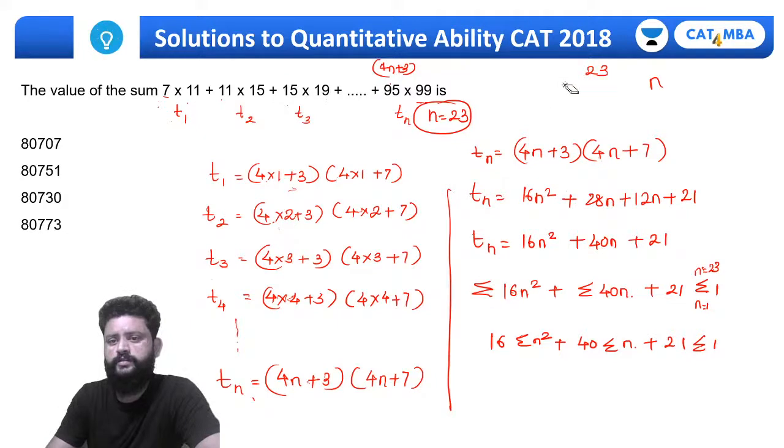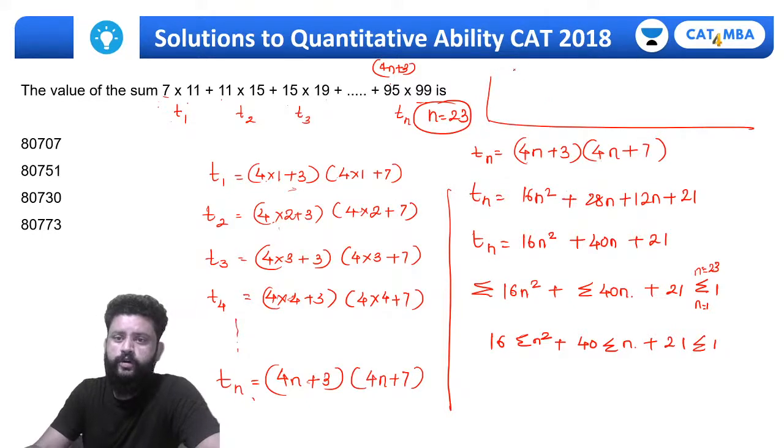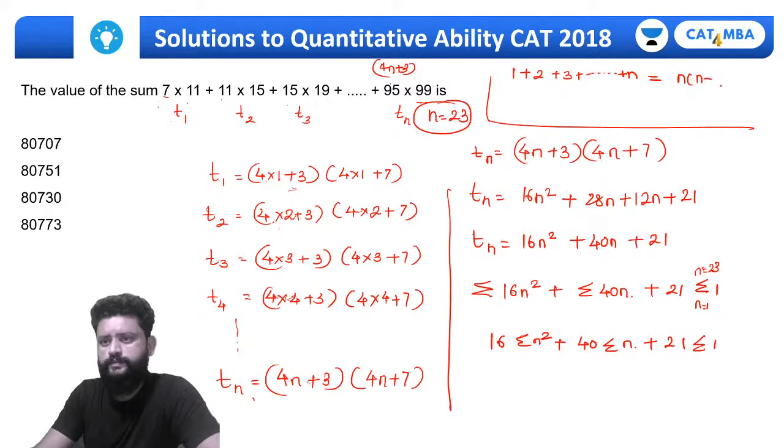Okay, so this will be the formula for the summation. There are two formulas here. Just write down the formulas, though those of you who don't know them must be knowing this. 1 plus 2 plus 3 and so on to n, the formula for summation is n into n plus 1 divided by 2.